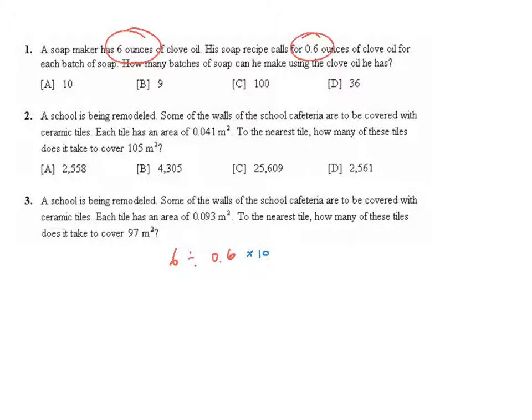In this case, I moved the decimal 1 power of 10 by multiplying by 10. I need to do the same thing to the dividend so that I don't change the problem. So now my problem becomes 60 divided by 6, which equals 10 batches of soap.